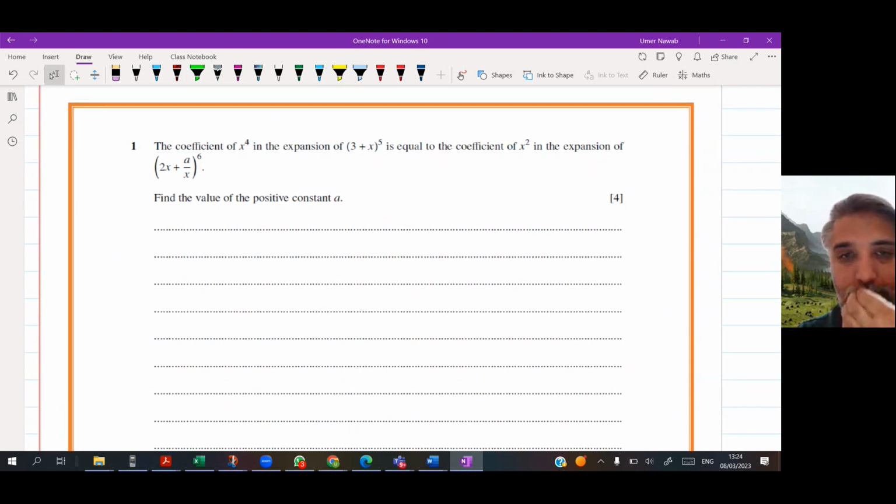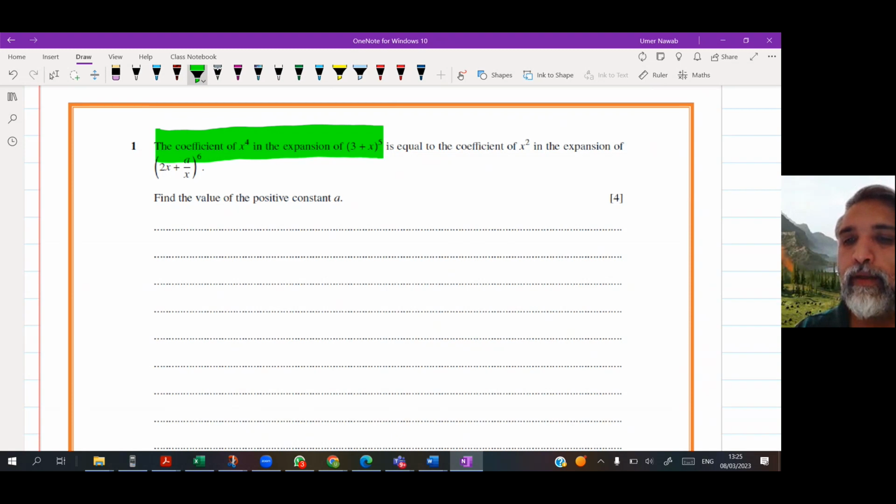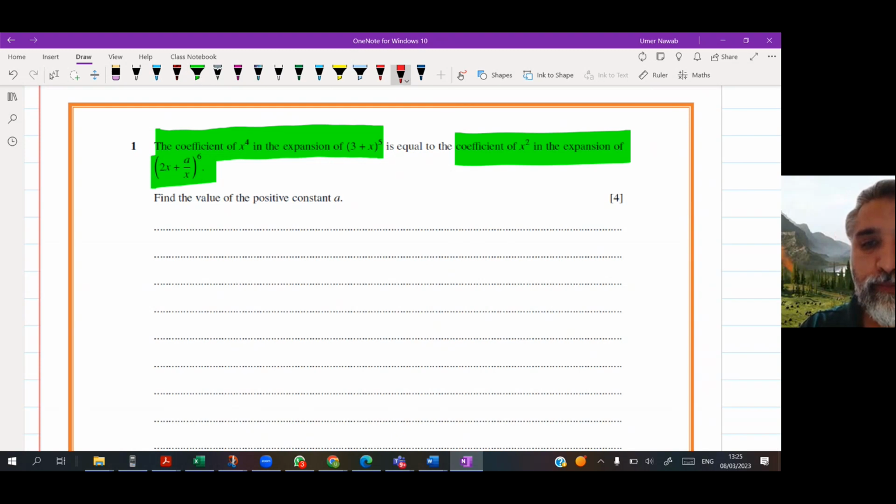Next thing, the coefficient of x to the power 4 is equal to the coefficient of x squared. Consider (3 plus x) raised to the power 5.